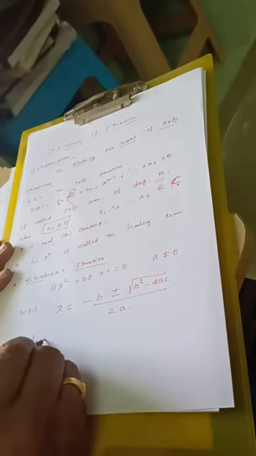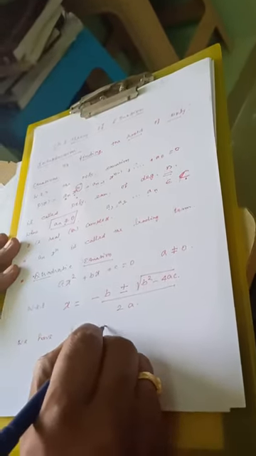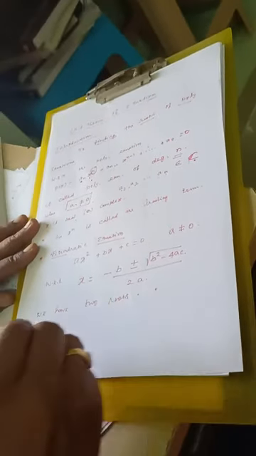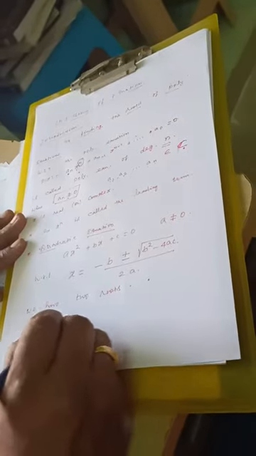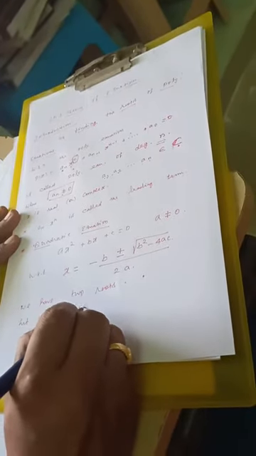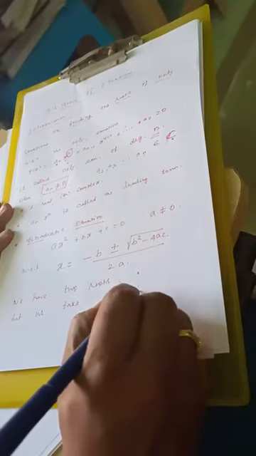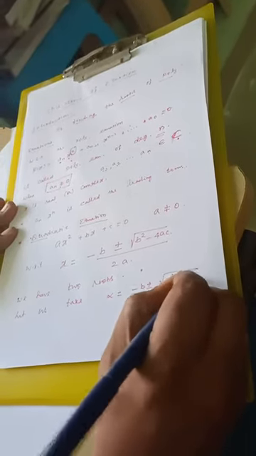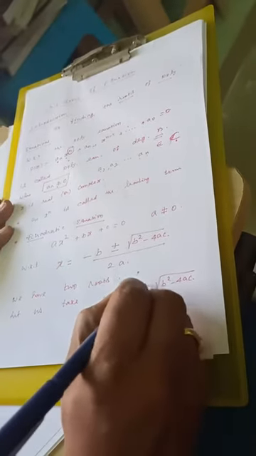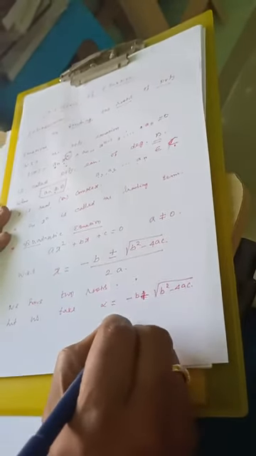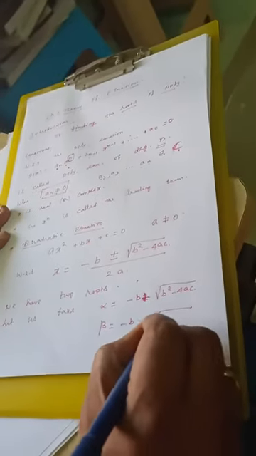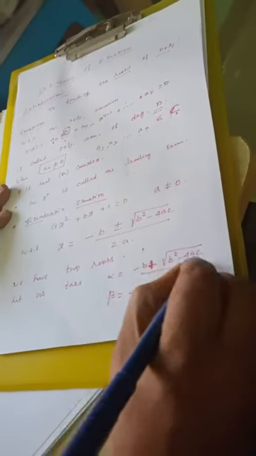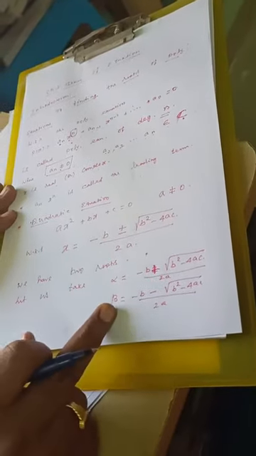We have two roots. Let us take alpha equal to minus b plus square root of b square minus 4ac divided by 2a, and beta equal to minus b minus square root of b square minus 4ac divided by 2a. We have the two roots, alpha and beta.